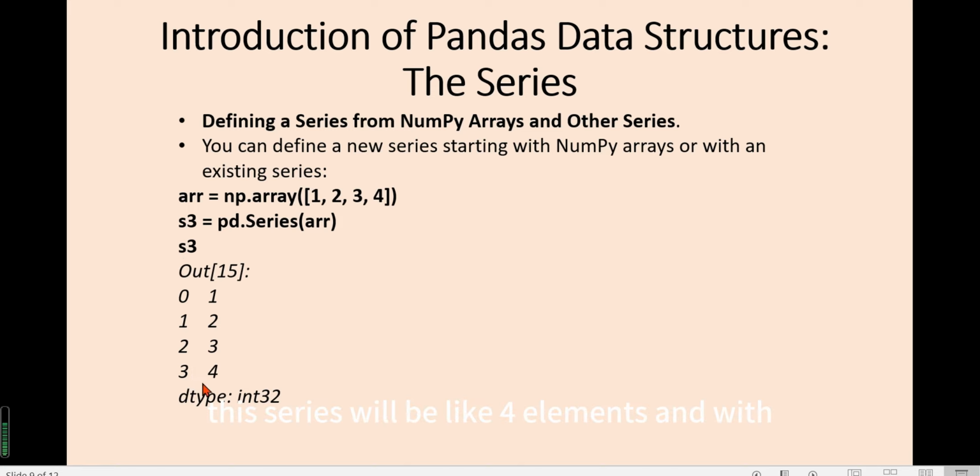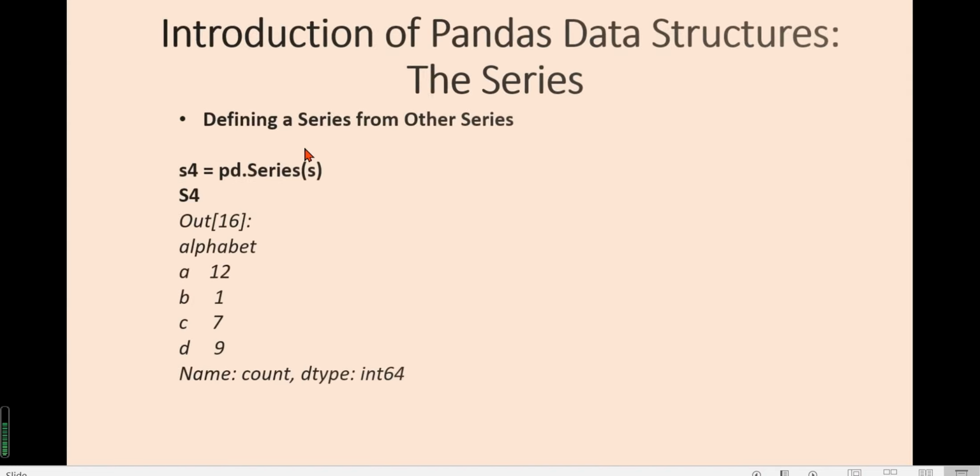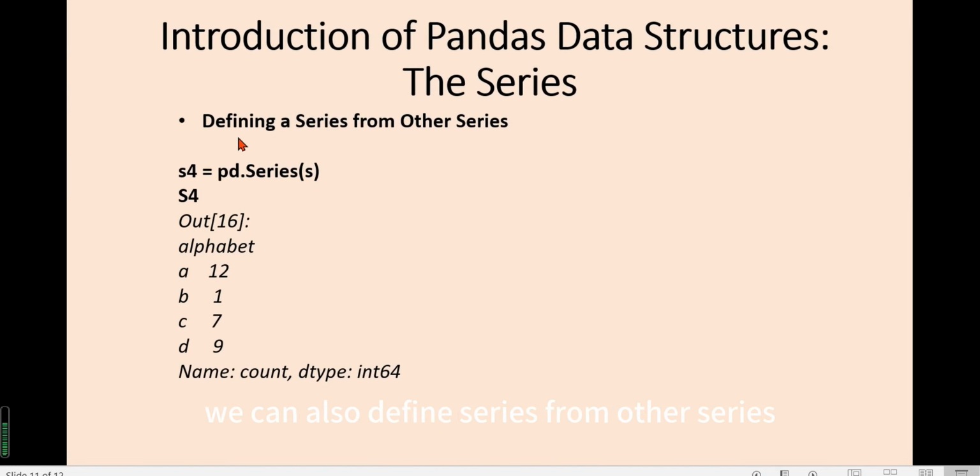This series will have the 4 elements with index from 0 to 3. We can also define a series from another series. S4 is a new series, but in parentheses we assign the old series. Then this new series has the same values as the old series.